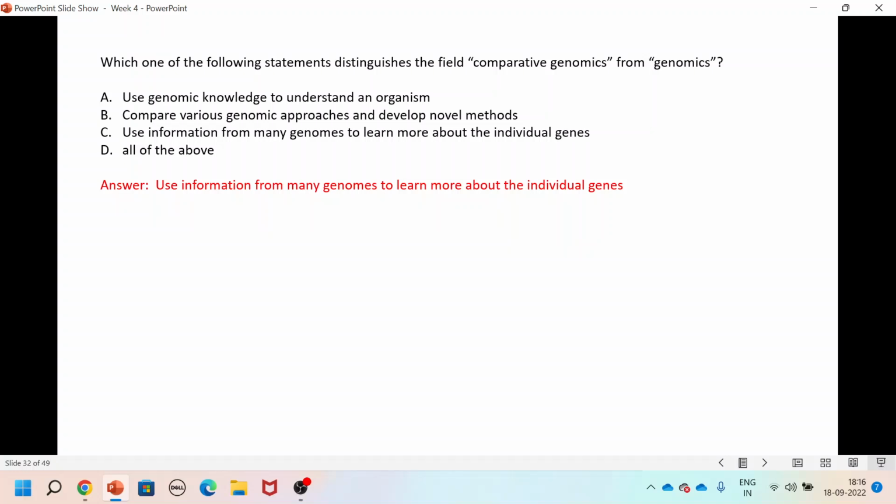So we use the sequences of multiple species, and then use this information from many genomes to learn about the individual gene, whether this gene is conserved, whether the function is conserved, whether this gene is important. So option A is definitely correct for genomics. Option B is also correct, as we use various genomic approaches to develop novel methods using the knowledge of genomics. But the distinguishing feature of comparative genomics from genomics is that comparative genomics is the field of genomics which uses the information from many genomes to learn more about the individual genes.